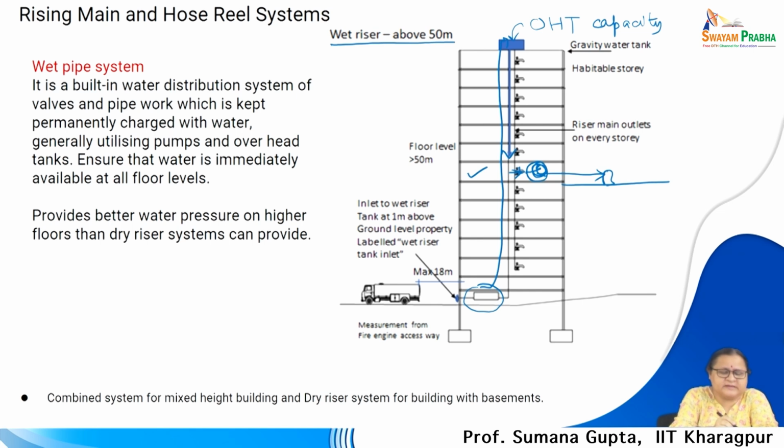So, it is a built-in water distribution pipe system of valves and pipe work which is kept permanently charged with water, generally utilizing pumps and overhead tanks, and it ensures that water is immediately available at all floor levels. This provides better water pressure at the higher floors.